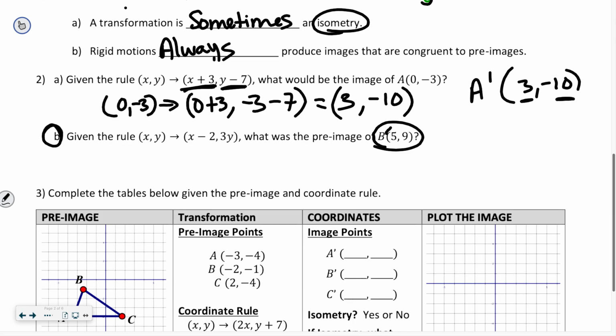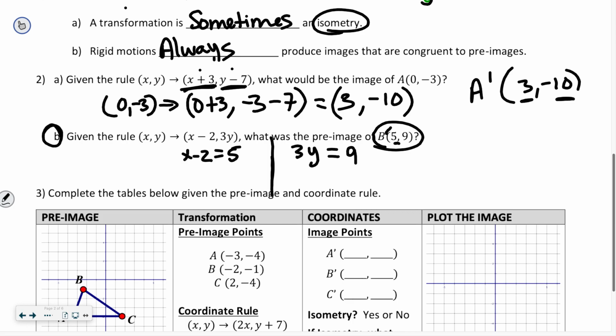So I know that this needs to produce the result. So in this case, it's the same thing. X minus 2 has to give me 5 because that's my image point. This has to give me 5. And 3y has to give me 9. Okay? It has to give me 9.